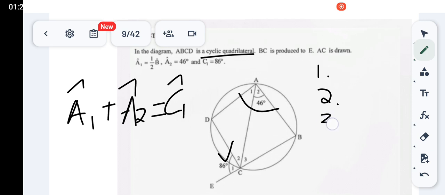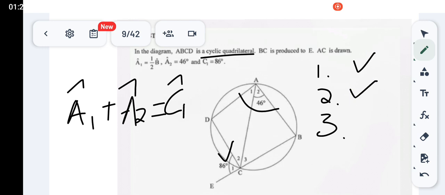Okay, theorem number 3 says angles subtended by the same chord or arc are equal, and I hope you can see that we cannot apply that theorem in this case. So we can only apply 1 and 2.